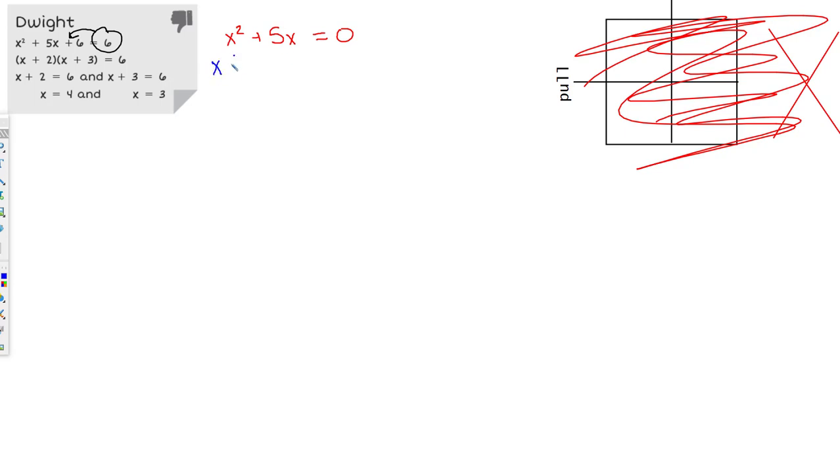An x. I can bring out an x, and that'll leave me x plus 5 is equal to 0. And I set those two equal to 0. And then one that everybody always forgets to do is this guy here. They always forget to set him equal to 0. And then x is equal to -5 and 0.